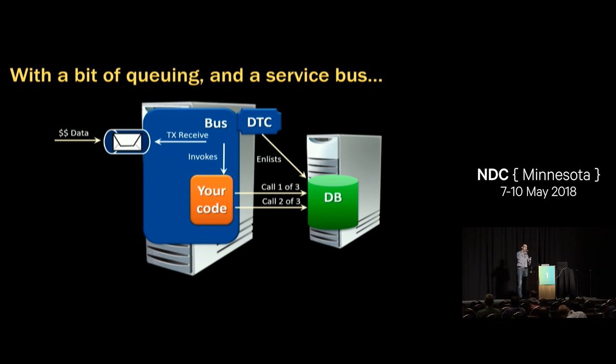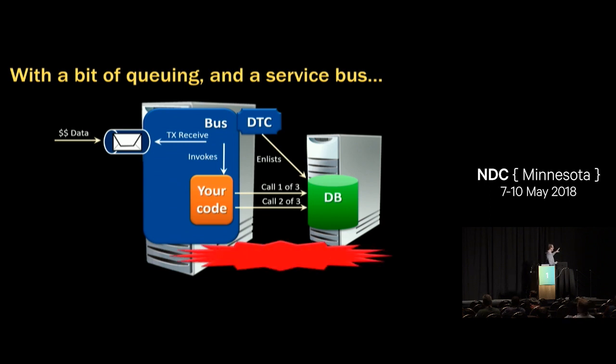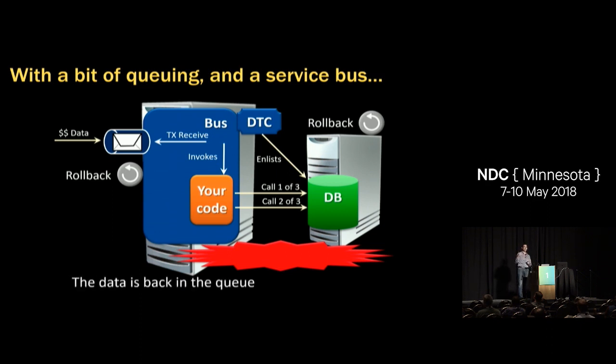So if you want to figure out how that kind of stuff works behind the scenes, that's not this talk. You can go and find the information in the documentation online. So that whenever something bad happens, whether your processing server crashes, whether the database runs out of connections, whatever, when all of that rolls back, not only does the database roll back, but the queuing system will roll back that message, meaning that you don't lose any data.